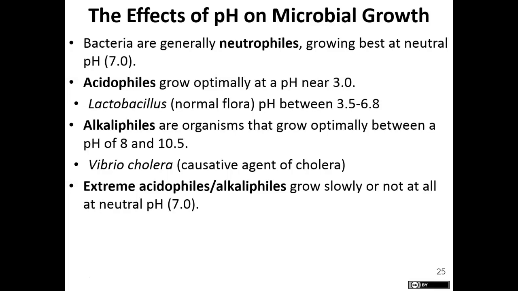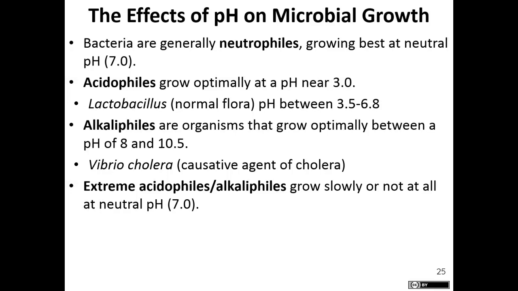Acidophiles are going to grow optimally at a pH that's below or near 3.0. We have examples of acidophiles: Lactobacillus, which is part of your normal flora. We also have Helicobacter pylori, which grows in your stomach.